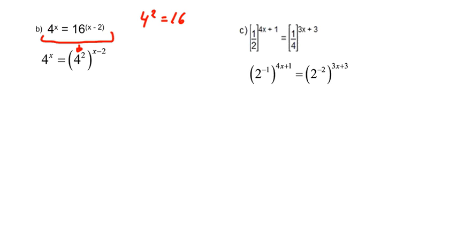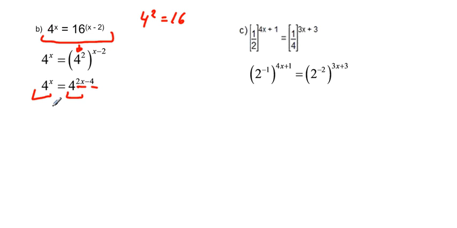The next step will be to apply the rule of exponents, which simply means multiply 2 times x to get 2x, and 2 times negative 2 to get minus 4. So now we have two parts of this equation with identical base on both sides.